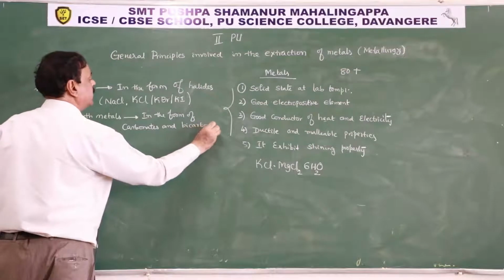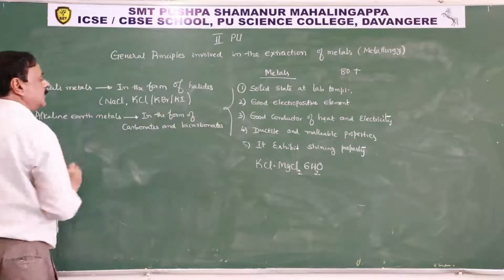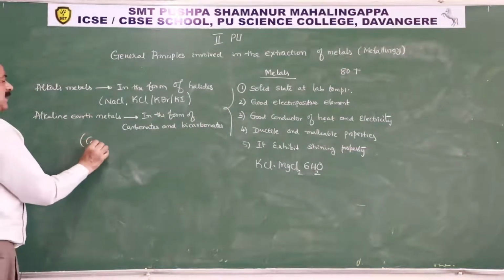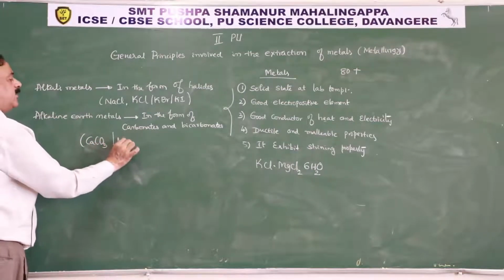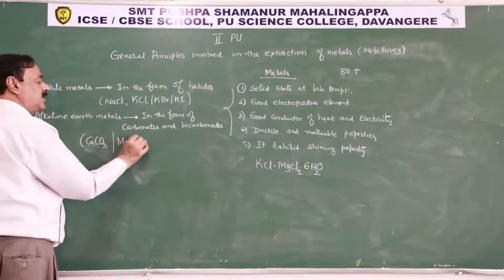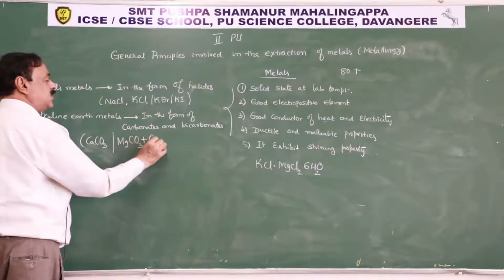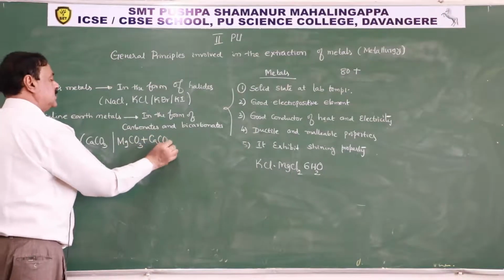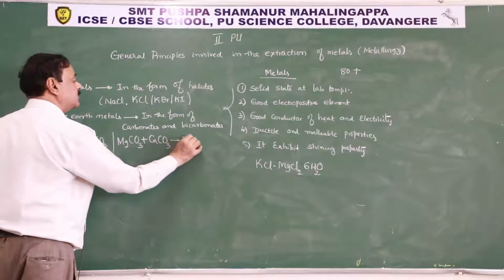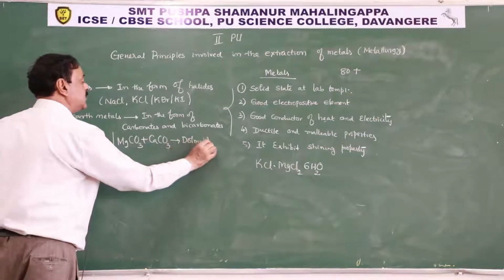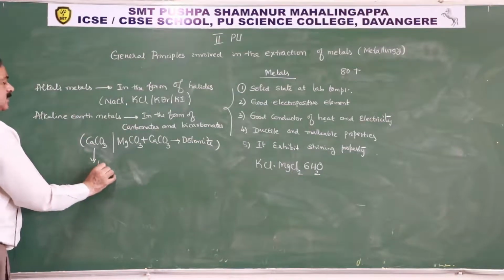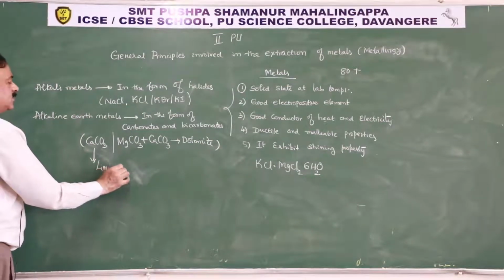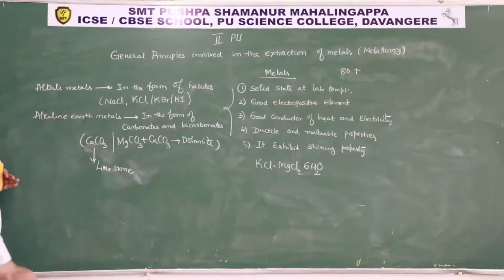A good example is calcium in the form of calcium carbonate, and magnesium in the form of a mixture of magnesium carbonate and calcium carbonate, which is considered as dolomite. This is considered as limestone.